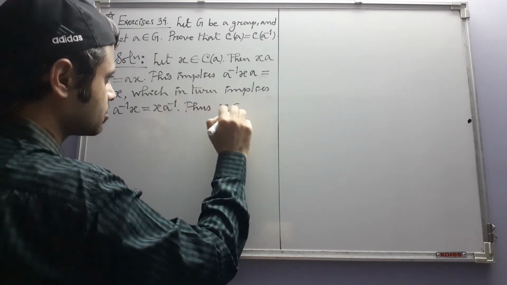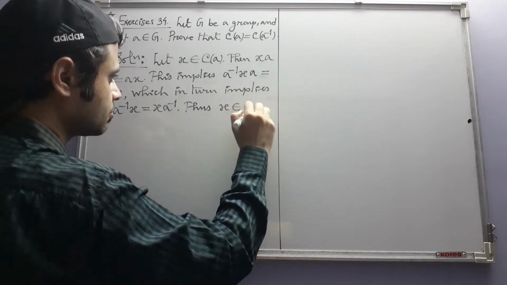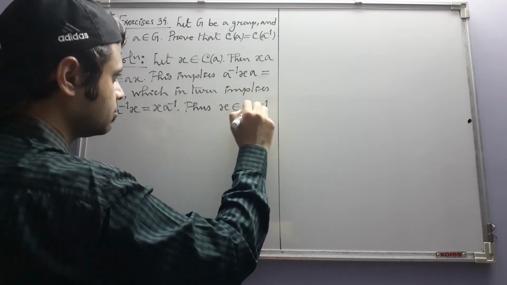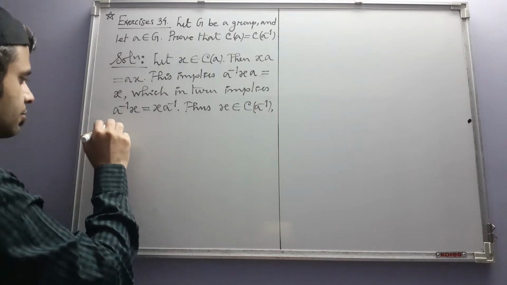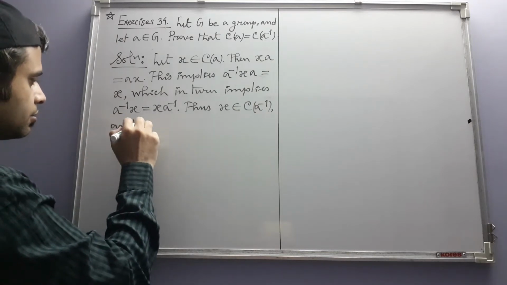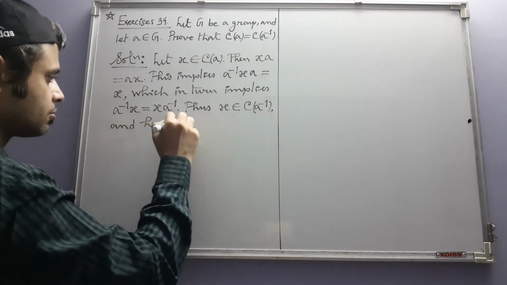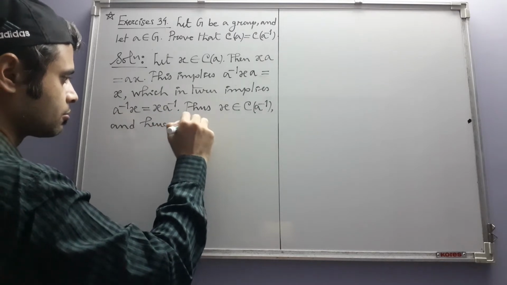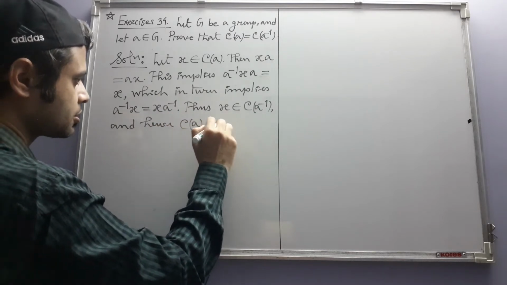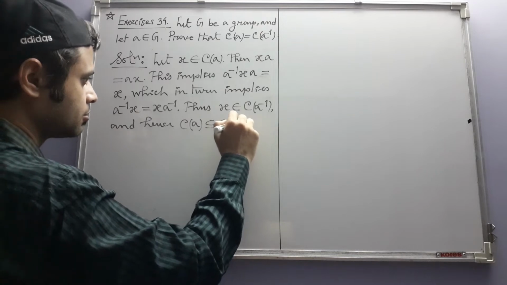So X belongs to the centralizer of A inverse, and hence this is a subset of this.